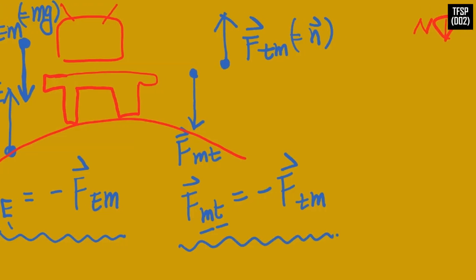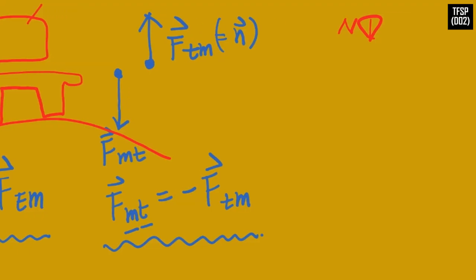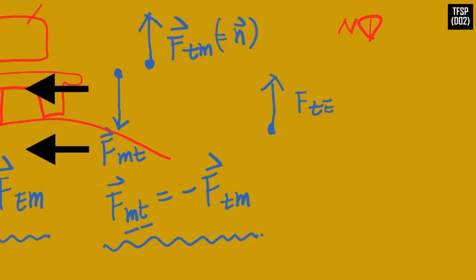Finally, let's consider the table of mass mt and the earth. FTE is the force exerted by the table on the earth. FET is the force exerted by the earth on the table and is the gravitational force for the table, mtg.